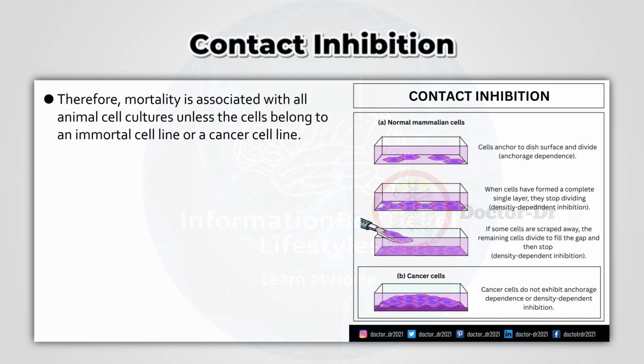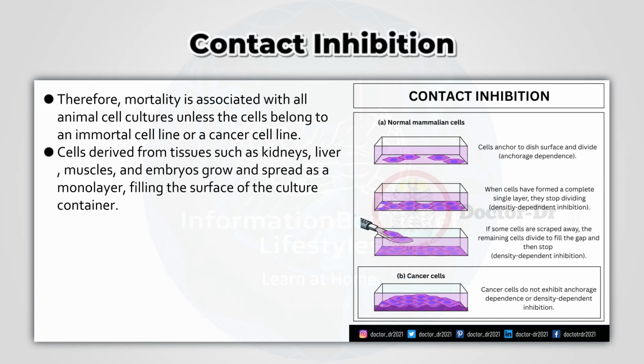Therefore, mortality is associated with all animal cell cultures, unless the cells belong to an immortal cell line or a cancer cell line. Cells derived from tissues such as kidneys, liver, muscles, and embryos grow and spread as a monolayer, filling the surface of the culture container.